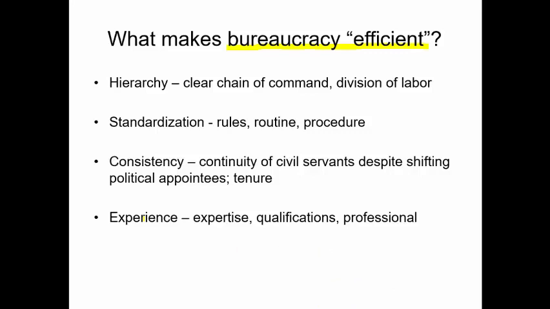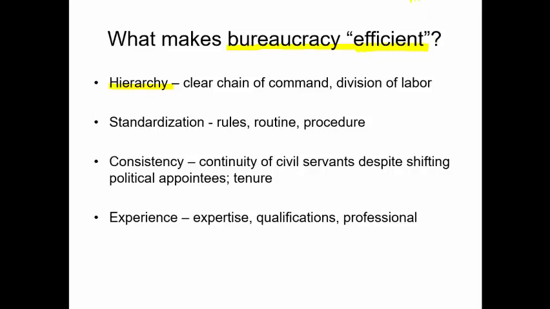So what we have here is 4 basic factors that make the bureaucracy somewhat efficient, which may sound like a contradiction as far as our negative perception of a bureaucracy. But this bureaucratic arm of government has been evolving in a way as to try to make it as efficient as it can be under the circumstances.